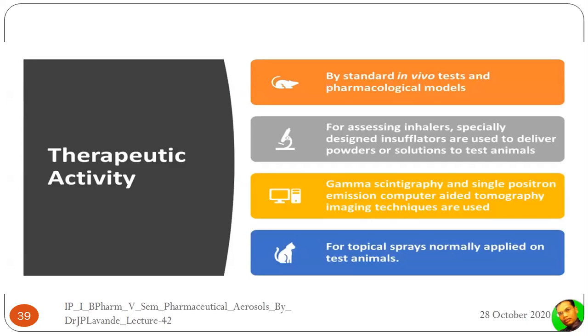The gamma scintigraphy and the single positron emission computer aided tomography imaging techniques are used in order to evaluate the therapeutic activity of the pharmaceutical aerosols. Which techniques are used? The gamma scintigraphy and the single positron emission computer aided tomography.